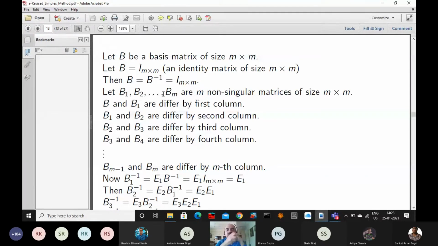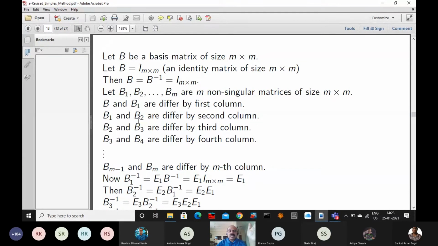Altogether, how many basis matrices are there? Besides B1, B2, up to Bm, one more, B, is there. B is the identity matrix initially. Now compare B with B1: one column is different. Now compare B1 with B2.